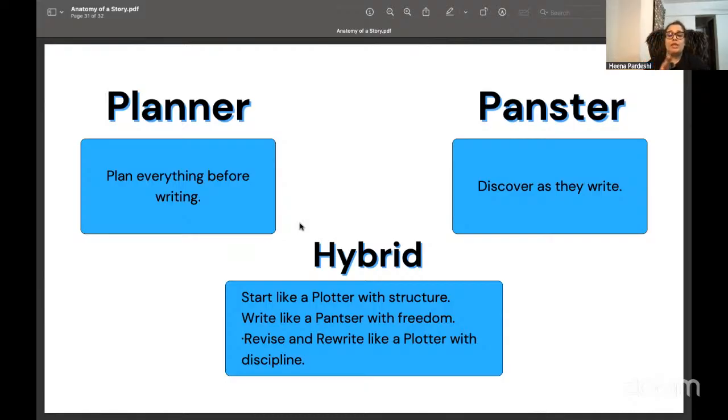If you do not want to get lost in story structure and you have a fairly good idea of how stories flow, that only happens when you are a big time reader, because only then subconsciously you'll already know what you want or need from your story. Then just simply start with a beginning, middle, and end structure. Okay? So start with a structure like a plotter or a planner.